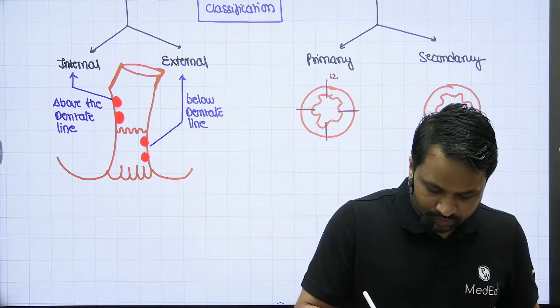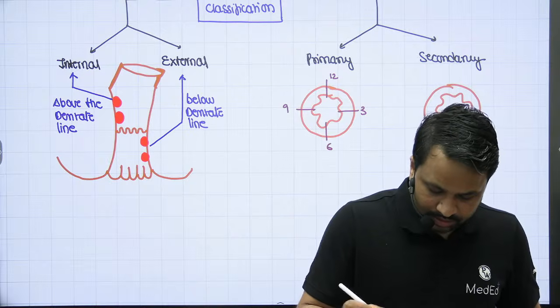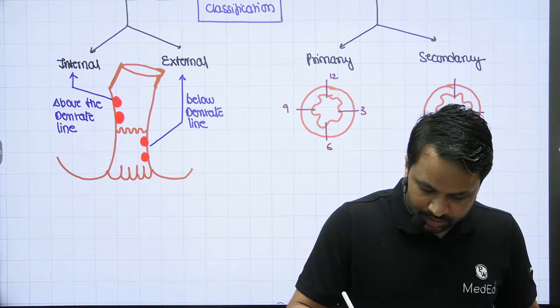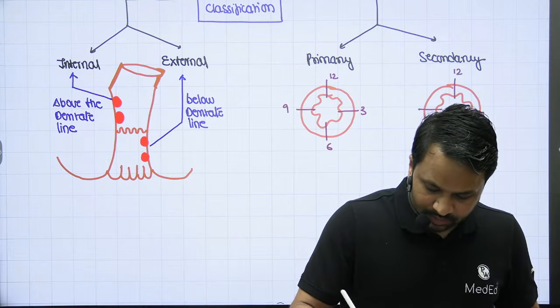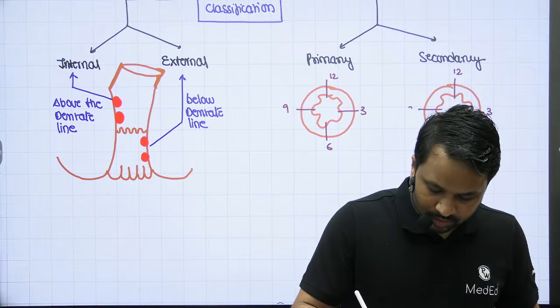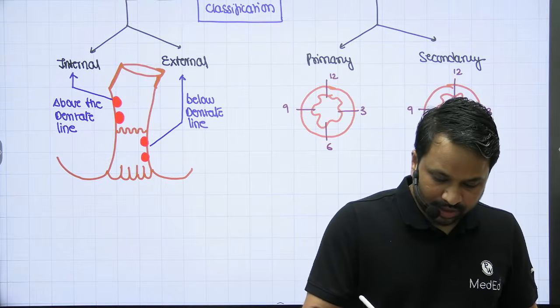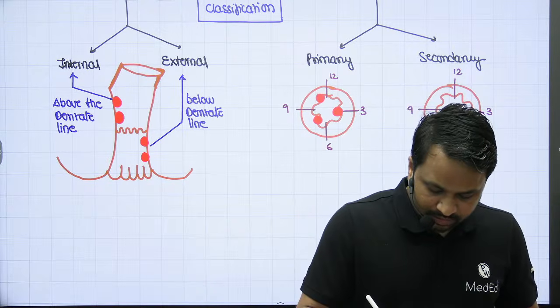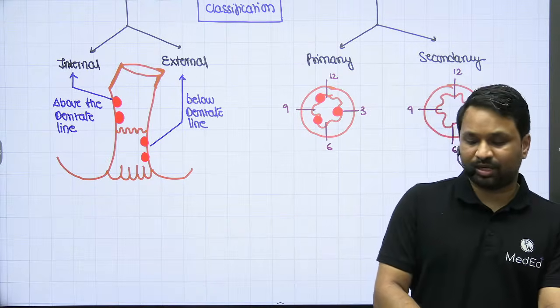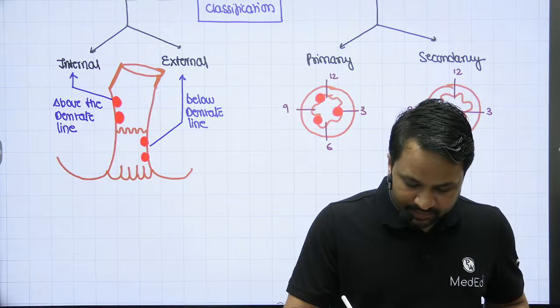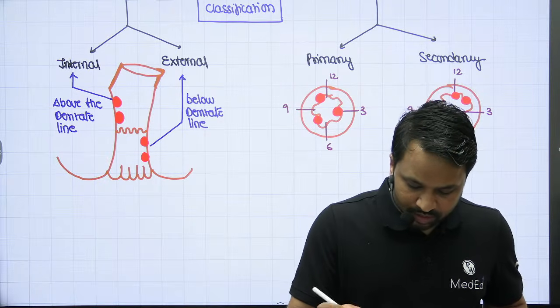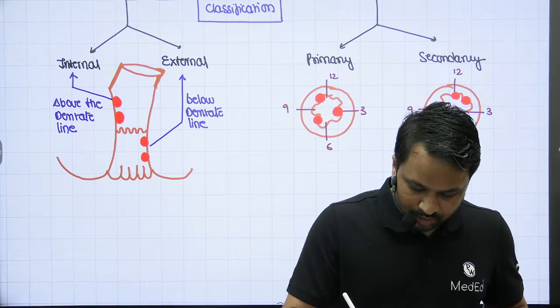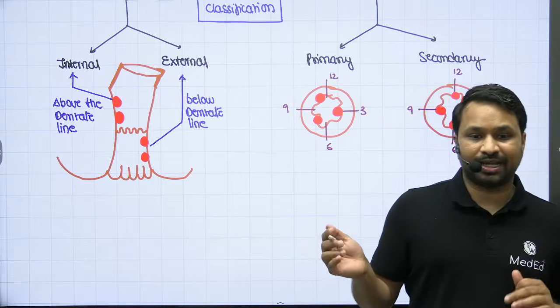If the hemorrhoid arises from 3 o'clock, 7 o'clock, or 11 o'clock, it is called a primary hemorrhoid. Anywhere else, if it is arising from 12, 6 o'clock or 9 o'clock, it is considered a secondary hemorrhoid.